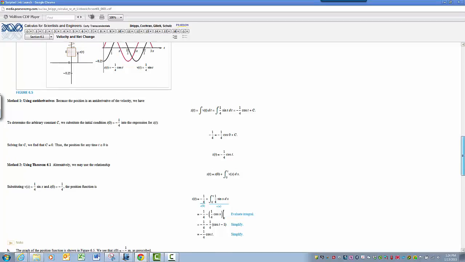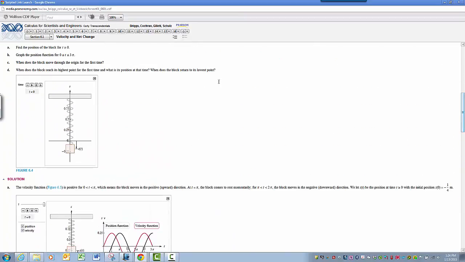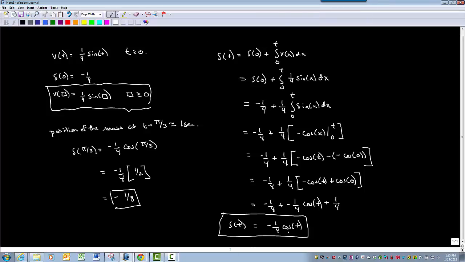The second question says graph the position function for t between 0 and 3 pi. You can use your graphing calculator if you want. Let me move some stuff around here. I'm going to use Desmos to graph this. So the position function is this guy right here.